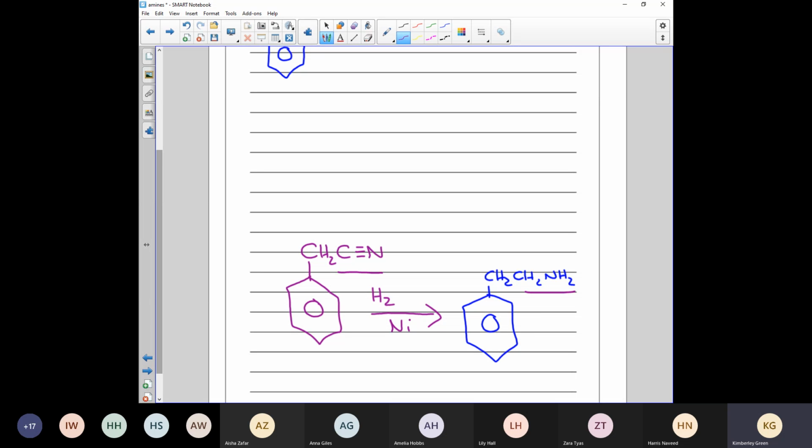Hydrogen and a nickel catalyst also turns an alkene into an alkane. We can add hydrogens into that as well. So hydrogen and nickel catalyst can work in 2 ways. It turns our nitrile group into an amine, and it also changes an alkene into an alkane.